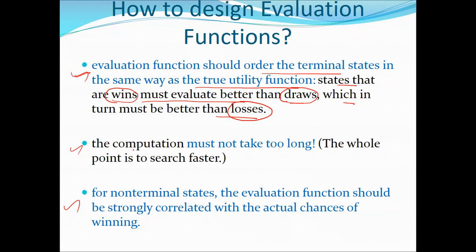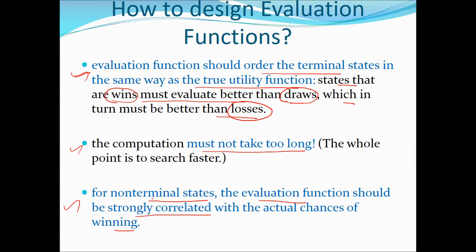The second criterion is that the evaluation function should not take too long, because we always have a time constraint. The third criterion is that in a non-terminal state also we should be able to apply the evaluation function, and it should be strongly correlated with the chance of winning.